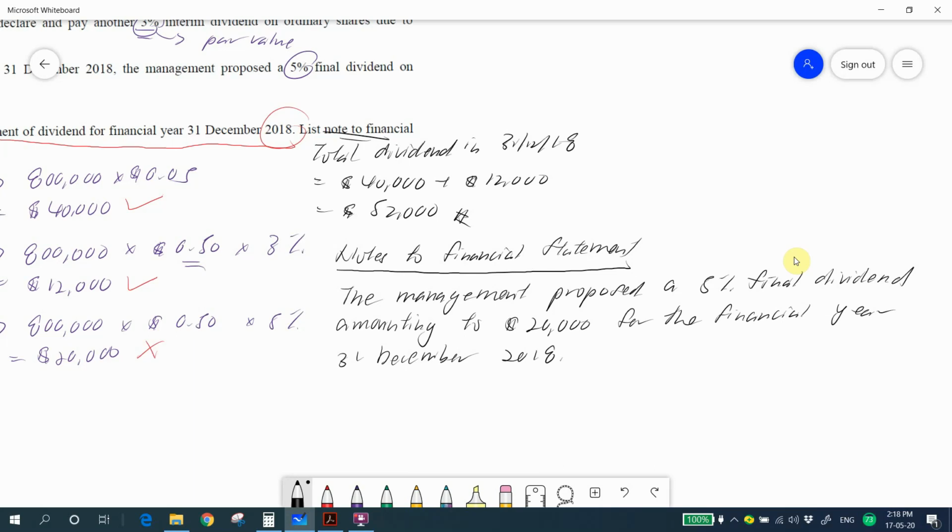Although the proposed final dividend is not required to be included in the account, we have to show it in the notes to the financial statement to tell people that this event has happened. The management proposed a 5% final dividend amounting to 20,000 for the financial year 31st December 2018. So basically, we have completed this exercise.